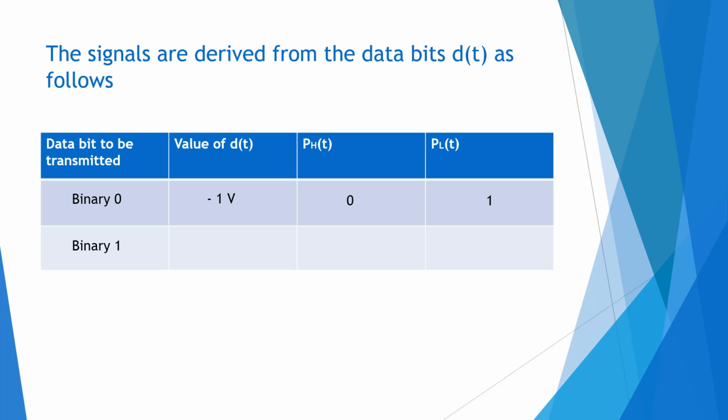Whenever binary 1 is transmitted, the value of d(t) will obviously be +1 volt, and similarly pH(t) will be 1 and in this case pL(t) will be 0. So it's the inverse of binary 0: for binary 1, pH(t) is 1 and pL(t) is 0, and the inverse is true for binary 0.